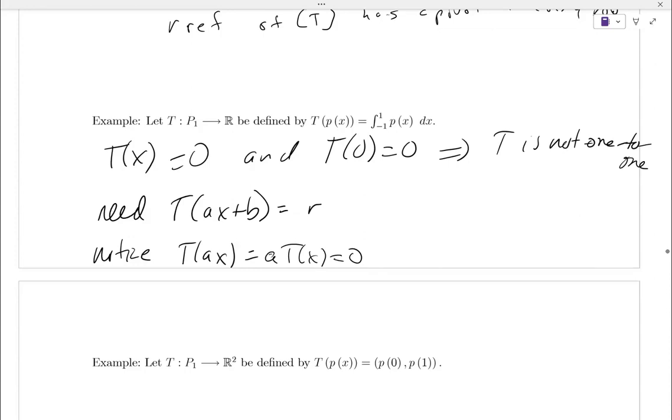So if I want T of ax plus b to equal some value r, I need just T of b to be r, don't I? Because the T of ax piece is always 0. So if I want T of b to be r, what does b need to be? I need the integral of just the constant function to equal r from -1 to 1.